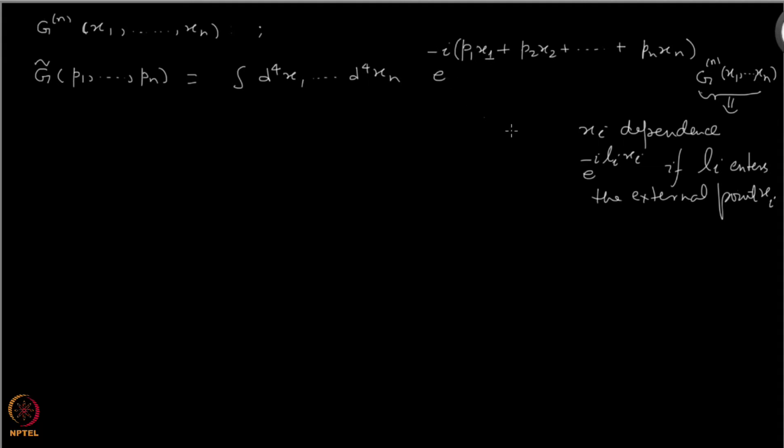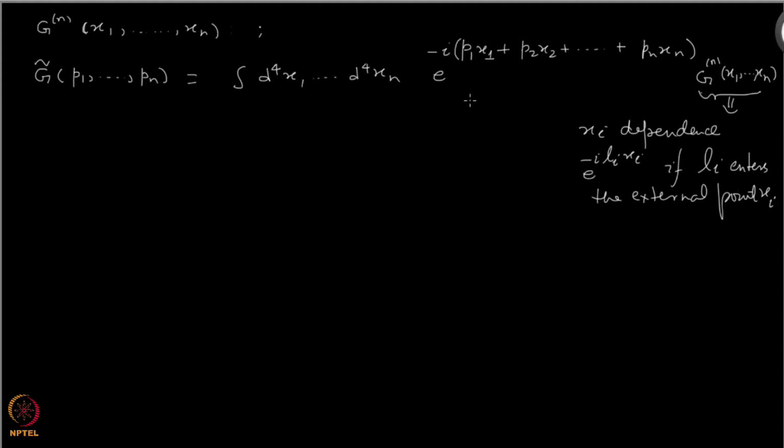So, you can combine these two exponentials and you can do the integral over x1. These two exponentials will combine, and when you integrate over x1, you will get a delta function. So, handling x1 will be simple. Going to the Fourier space from x to p will be quite easy. That is what we are going to do.